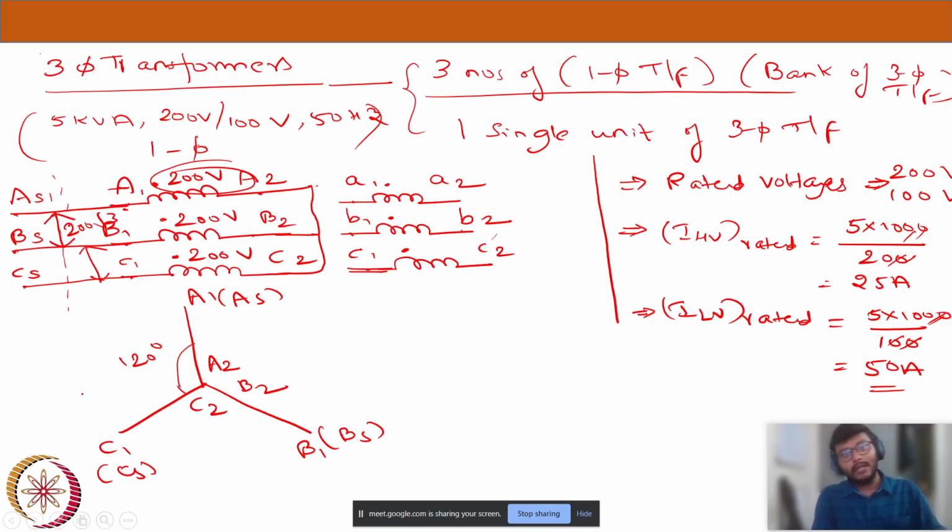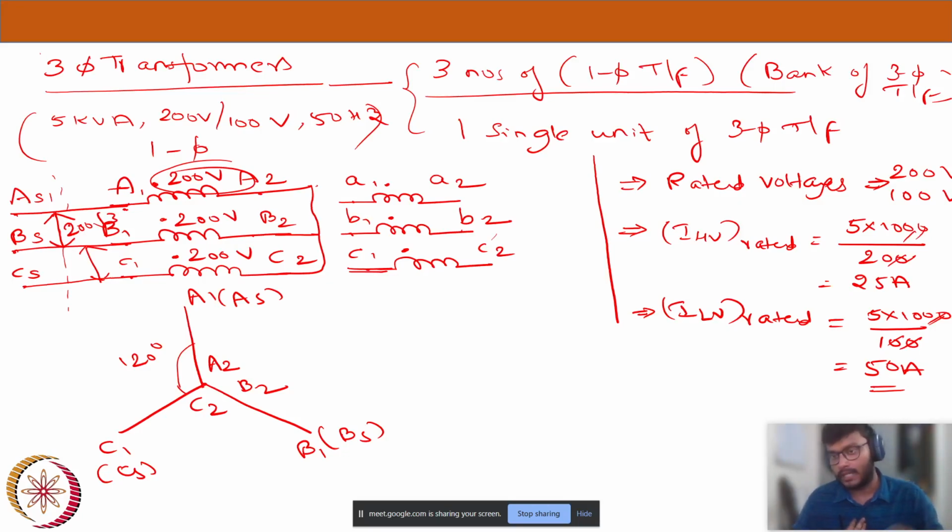Whatever connections we make, every rule of a single-phase transformer should apply here, because in fact we are using three single-phase transformers to get this connection. If I have given 200 volt supply to my individual winding, by the transformer principle, the rating of the transformer is 200 volts by 100 volts.